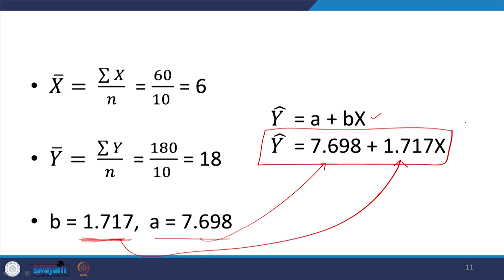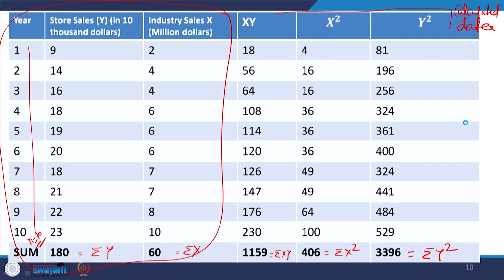Now, if I know the value of x for any future period, I have the value of x for period 10 as 10.